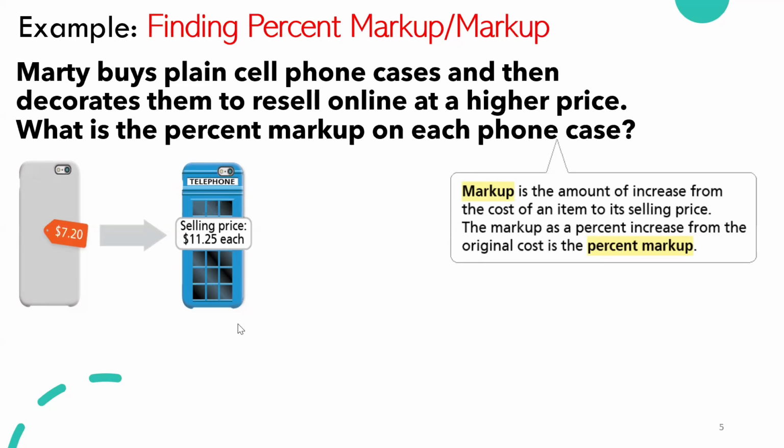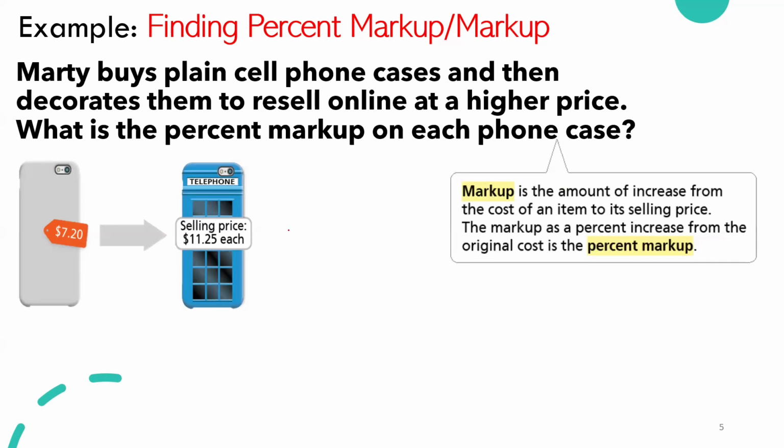We are going to use proportion to solve this problem. You have different ways you can solve it, but proportion or the percent equation is another method that could be used.